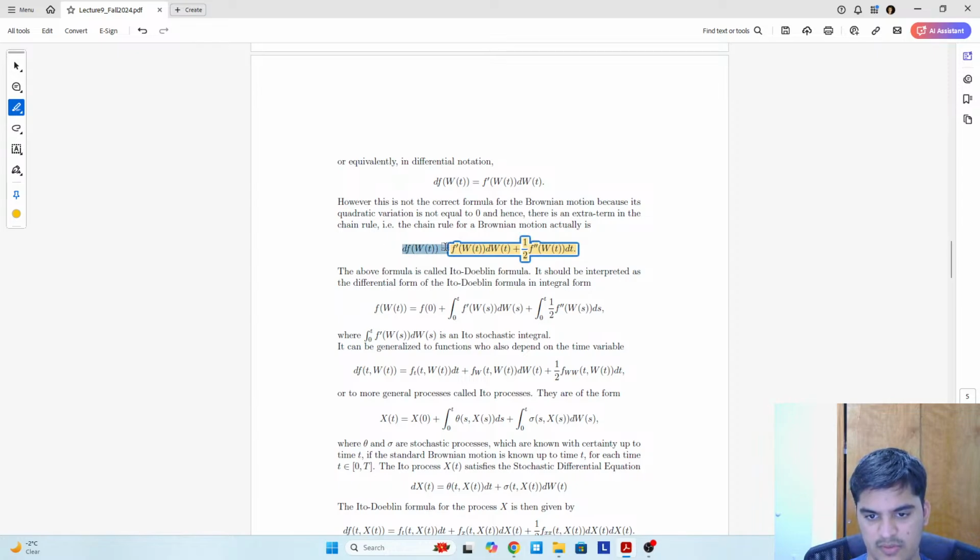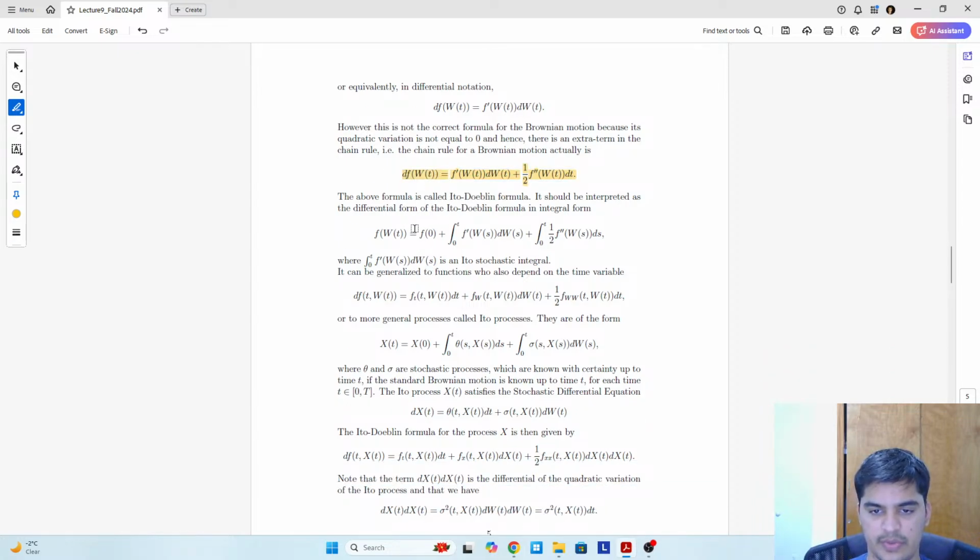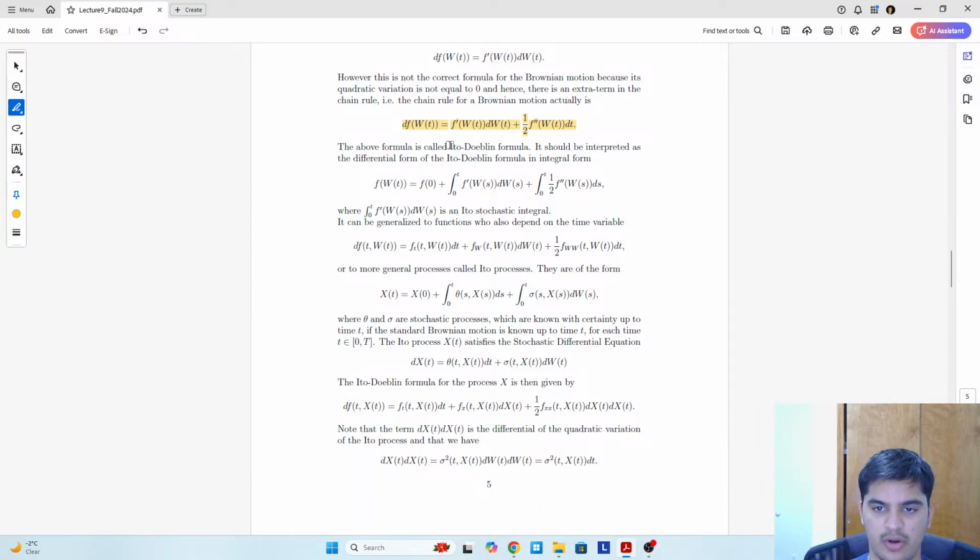So this is also a very important formula that you need to remember. I've written it down in my notes. The formula is also called Ito-Doeblin formula. It is interpreted as the differential form of the Ito-Doeblin formula in integral form.